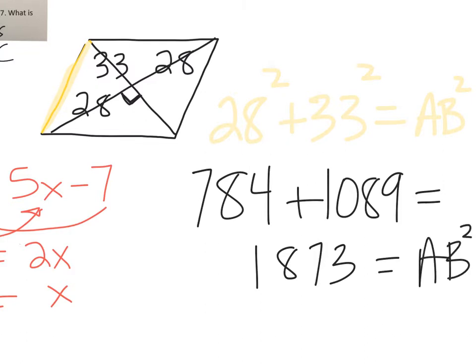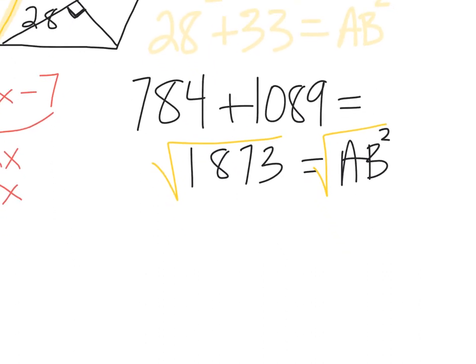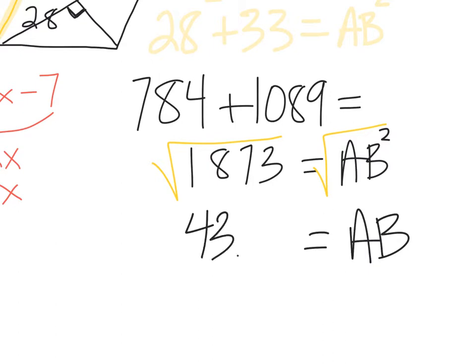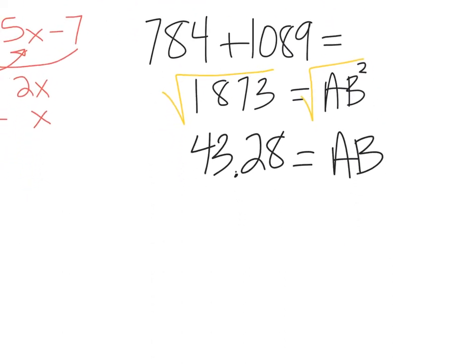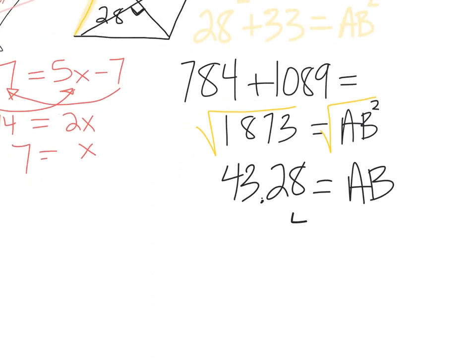So my final thing would be to take the square root of both sides. And I get a side length of 43.28 units long.